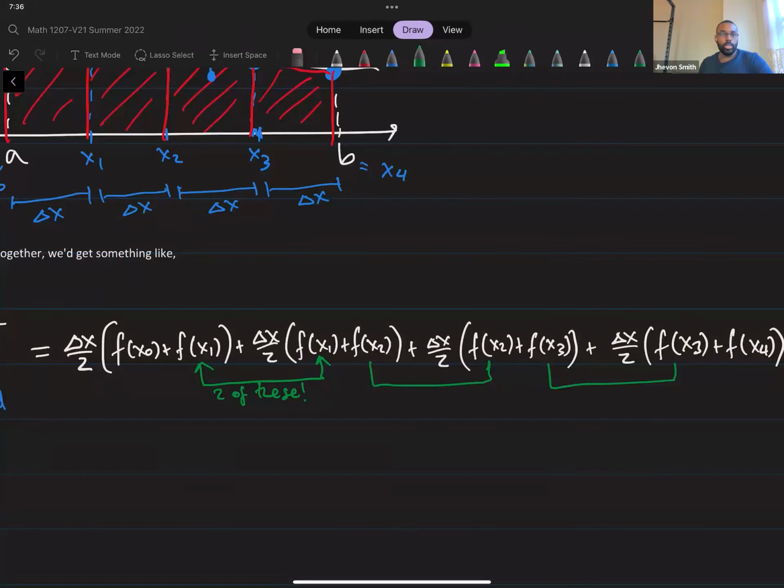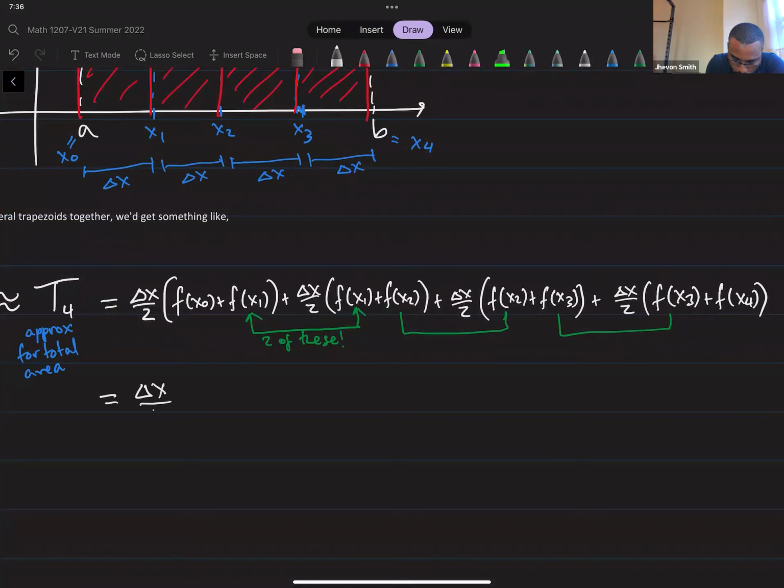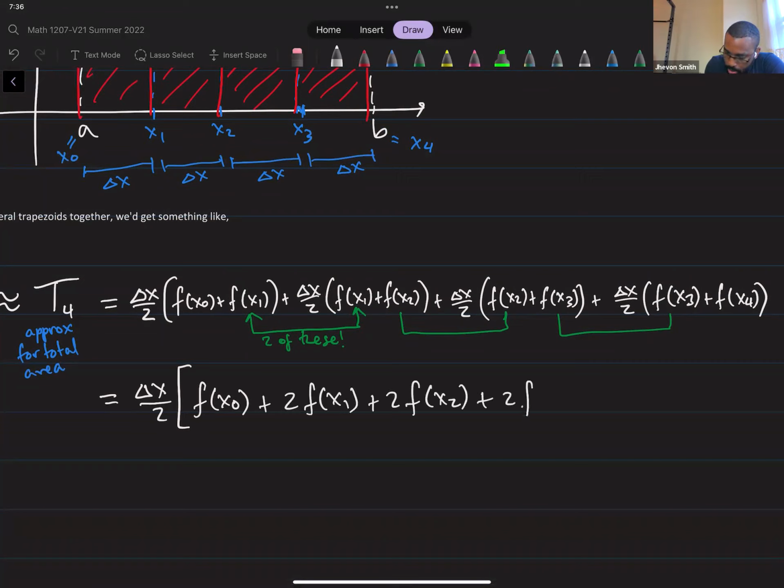And so if you wanted to factor out and compress this a little bit, this will actually be delta x over 2, and then I'm going to have f of x0 plus 2 f of x1s plus 2 f of x2s plus 2 f of x3s, and then just an f of x4.